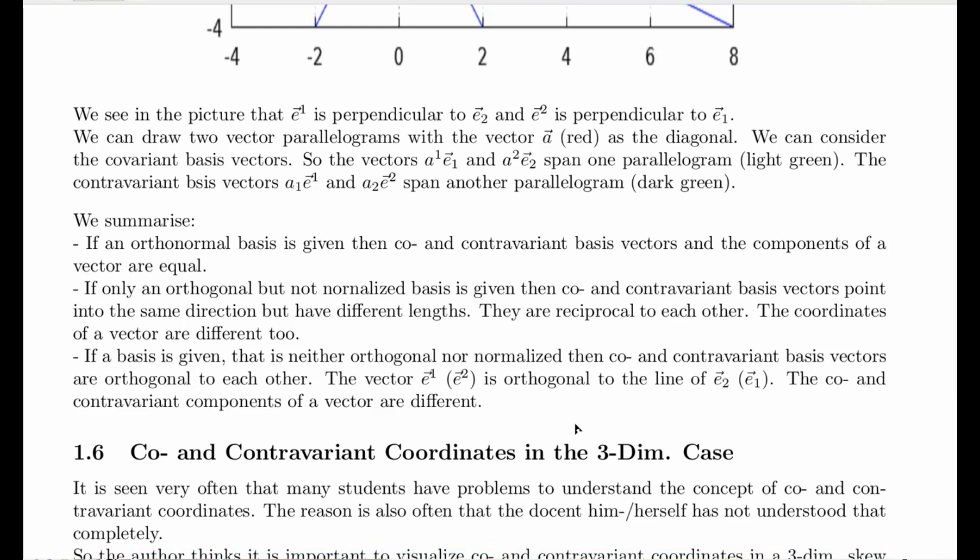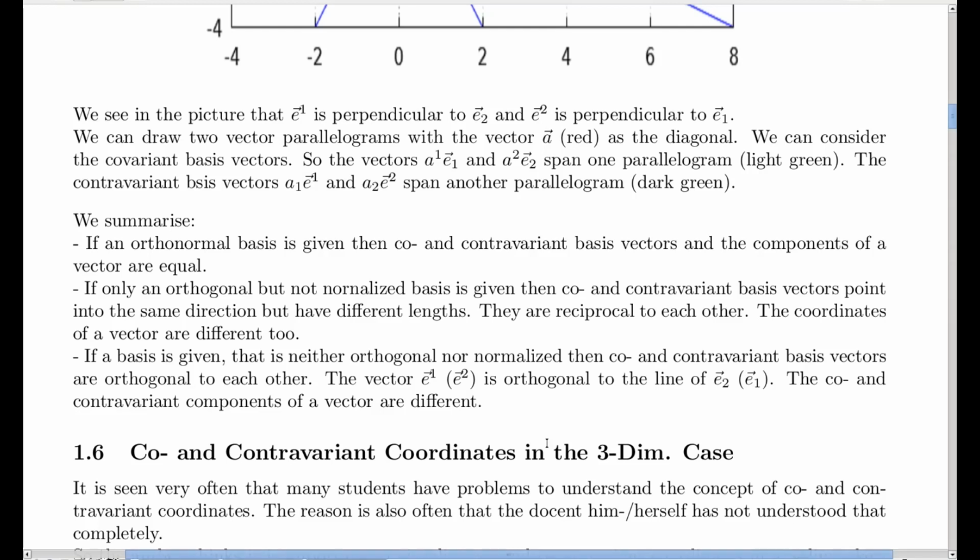They are reciprocal to each other, and the coordinates of a vector are then different too. If we have a basis that is neither orthogonal nor normalized, then the vector E1 contravariant is orthogonal to the line of E2 covariant, and the co- and contravariant components of a vector are different.